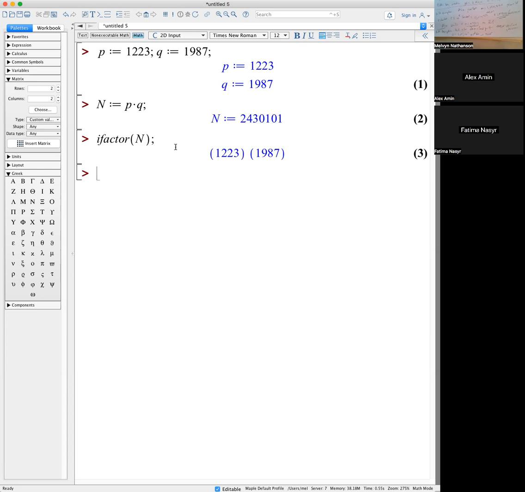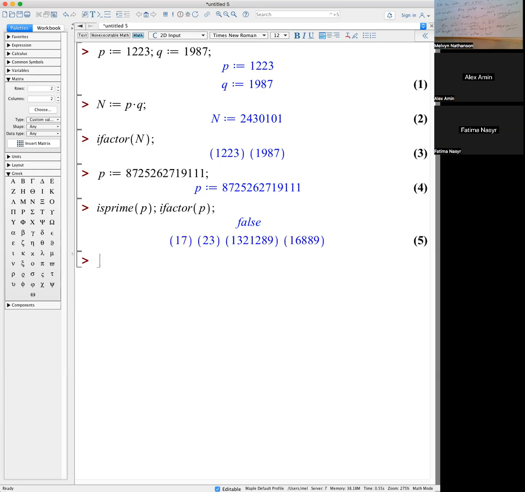Let's do an experiment. I have no idea what a prime might be. Here's the number. Is this prime? Well, that's not prime. Maple says this is in fact a factor.